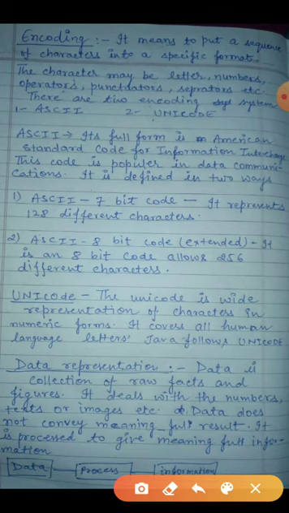So you can say data, process, and information. Information is meaningful, what you get after processing the data. Data is raw input, raw material.